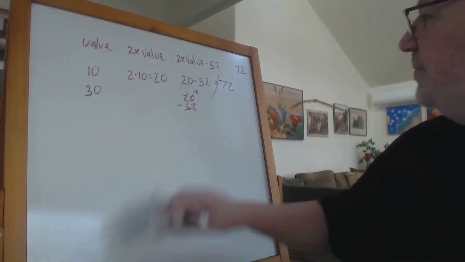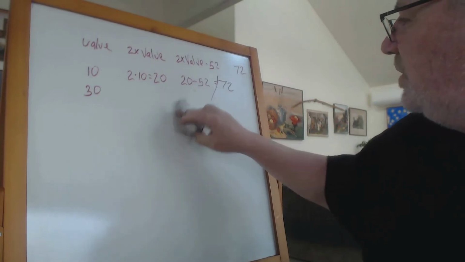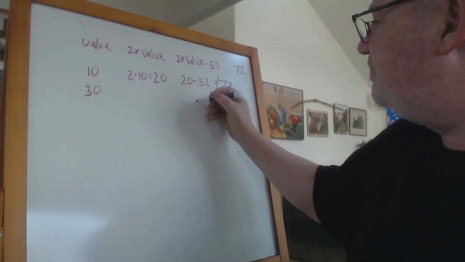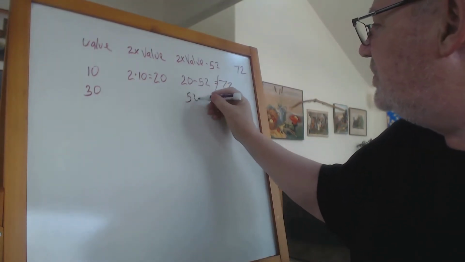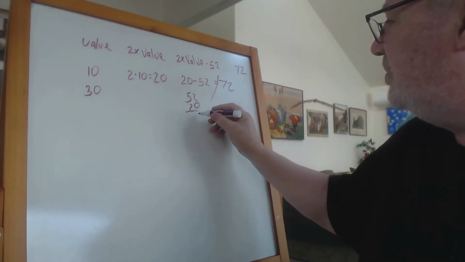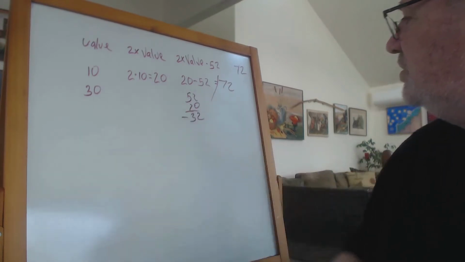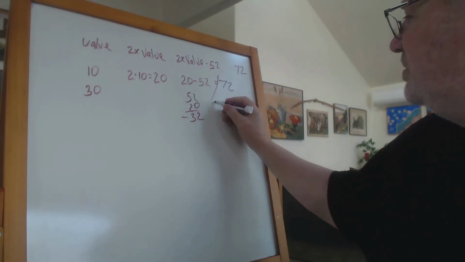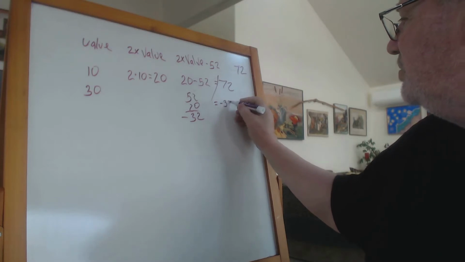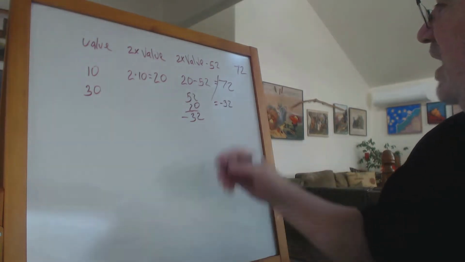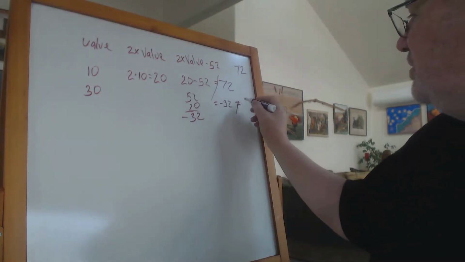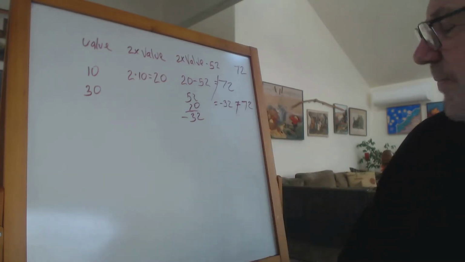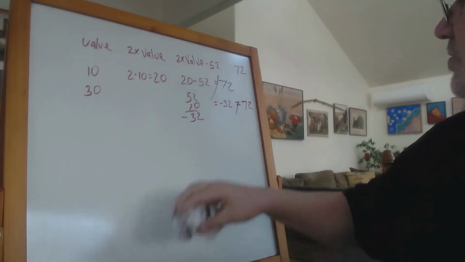I'm sorry, what am I doing? 20 minus 52 is just a difference, 32, and it's negative. So we have negative 32. And that's not equal to 72 at all. We're not even close.